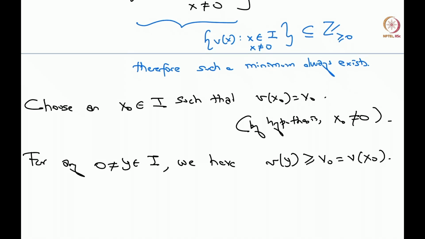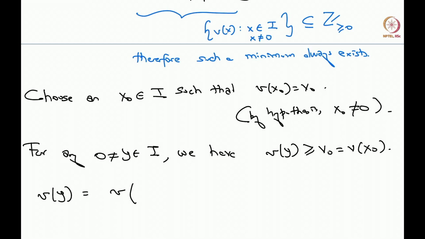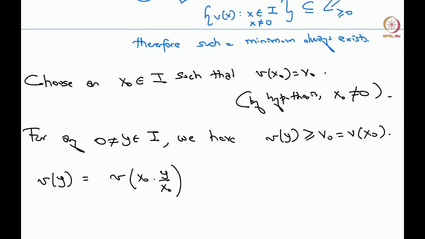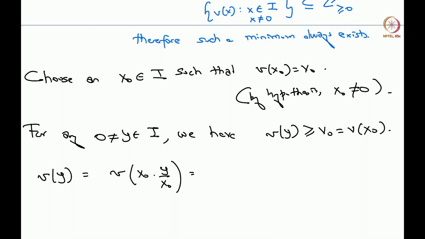Now let's play around with the valuation of y. What's y? It's y over x naught times x naught. And since V is a group homomorphism, you can write this as the valuation of x naught plus the valuation of y over x naught.